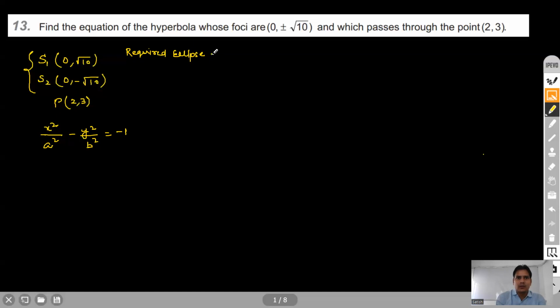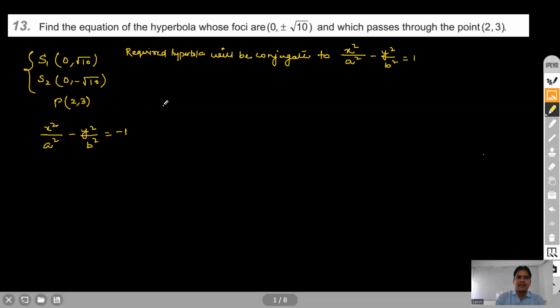Our required hyperbola will be conjugate to the hyperbola x square upon a square minus y square upon b square is equal to 1.